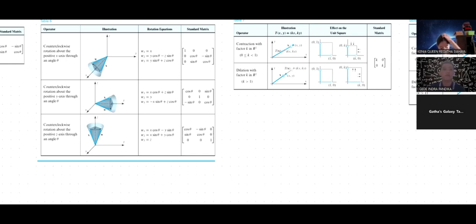The question is: use matrix multiplication to find the image of the vector 3 and minus 4 when it is rotated about the origin through an angle of theta equals 30 degrees, theta equals minus 60 degrees, theta equals 45 degrees, and the last is theta equals 90 degrees.